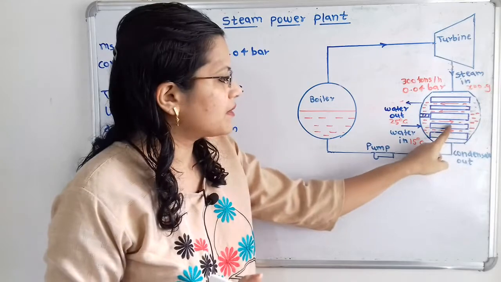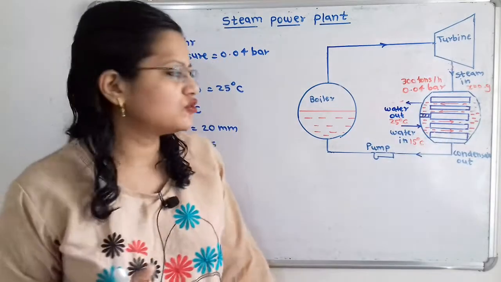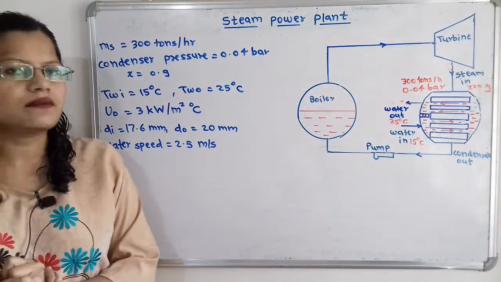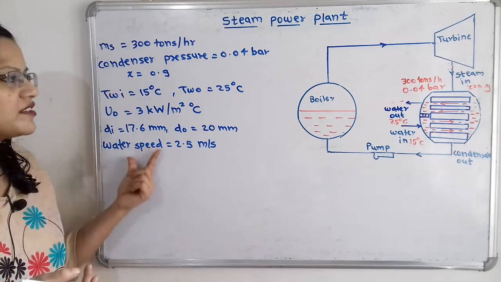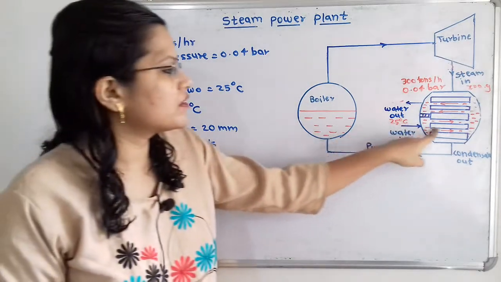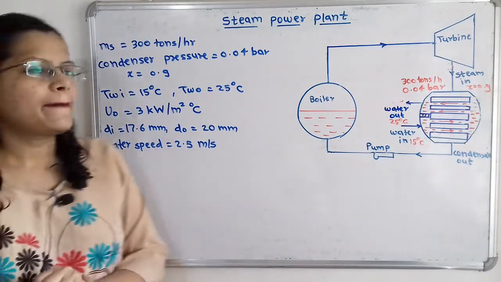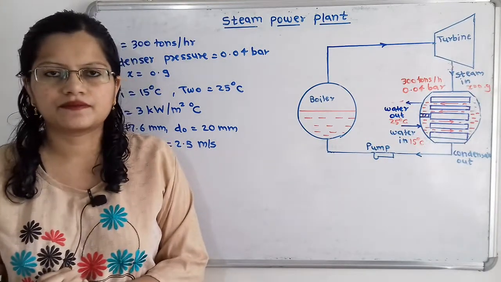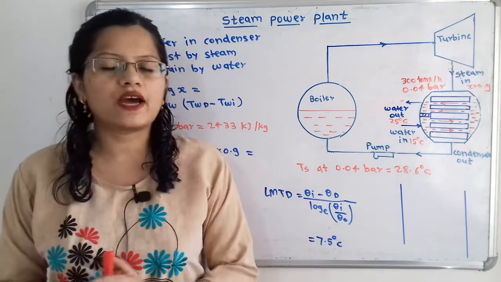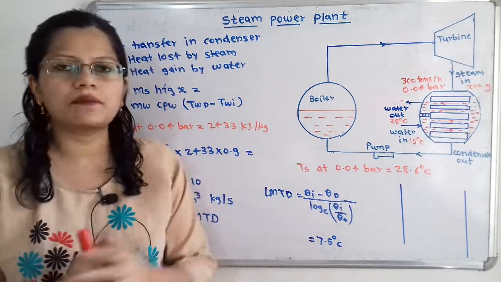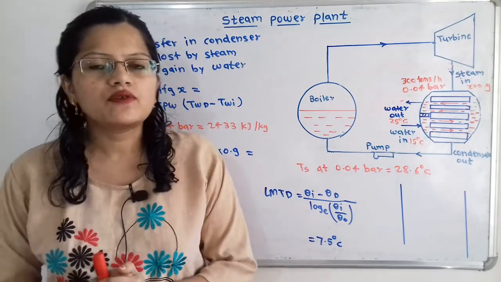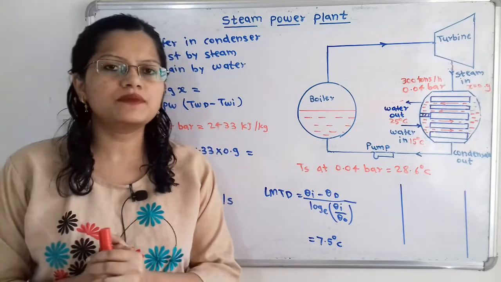So inside diameter and outside diameter for this tube are mentioned, in millimeter. Then the water speed is also given, so when the water is flowing inside this condenser, the water speed is 2.5 meter per second. We have to find out the number of tubes in one pass. We will move to solve the question with the help of steam table.